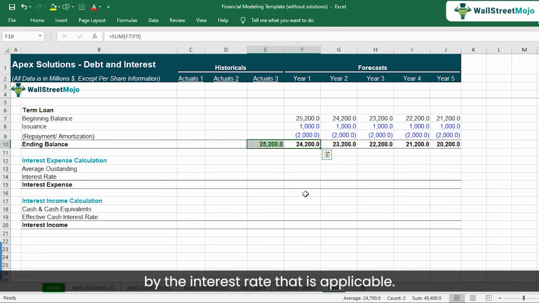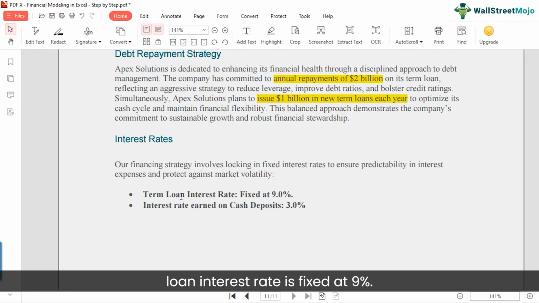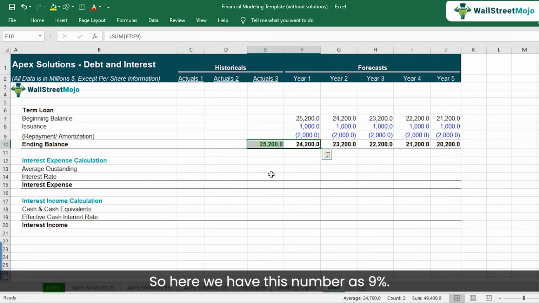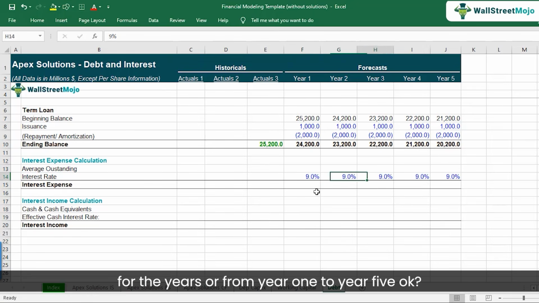We have been provided with the interest rate in the case study itself, and we see that the term loan interest rate is fixed at 9%. So here we have this number as 9%. I'll just put this across for year 1 to year 5.